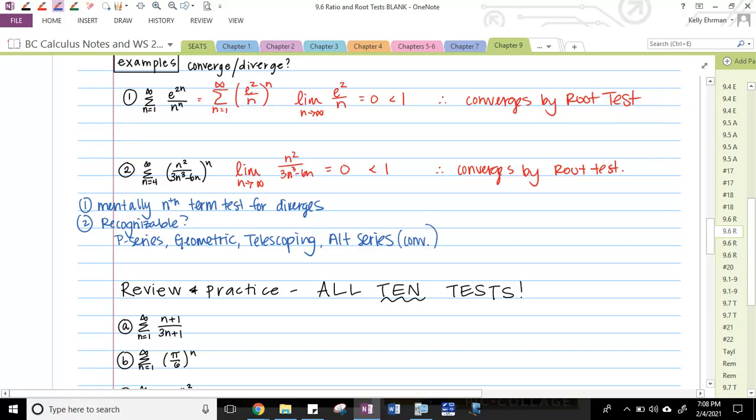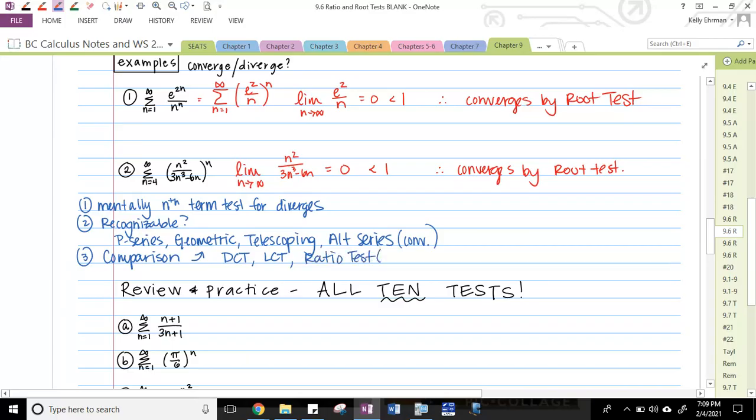If it's not recognizable, can you make some sort of comparison? Does it look very close to one of these recognizable ones so that I can just do direct comparison test or limit comparison test? If it's not one of those, then maybe it's a ratio test.